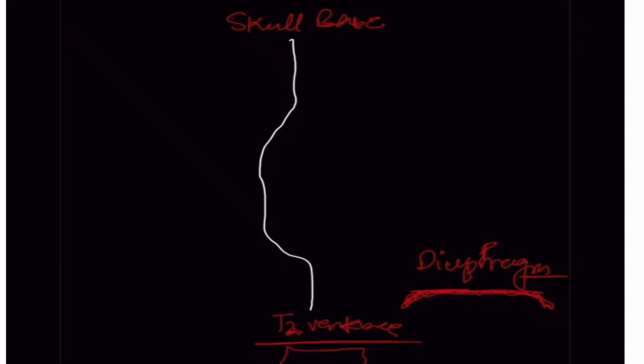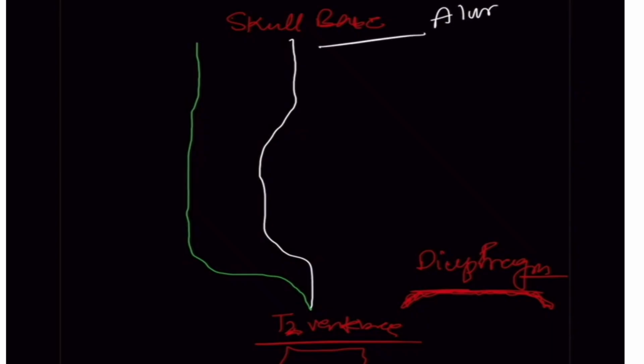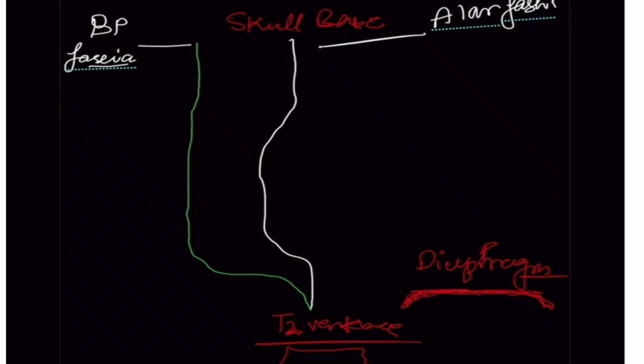Anterior to the alar fascia, there is another fascia in green color that fuses with the alar fascia at approximately the level of T2 vertebrae. That fascia is known as buccopharyngeal fascia. The fascia in white is alar fascia, and the fascia in green is buccopharyngeal fascia. The space between these two fascia is known as the true retropharyngeal space.